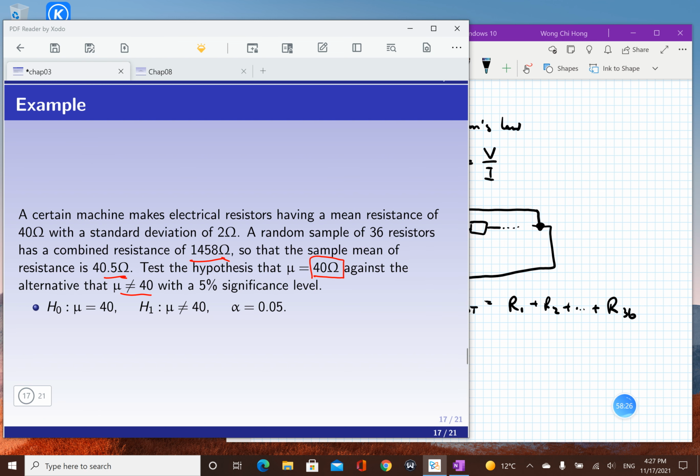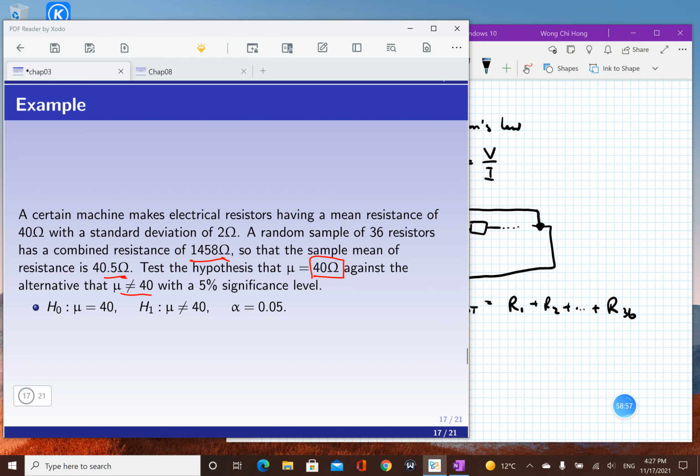I don't know. It depends on what? It depends on the sample size as well. If you've only got two resistors, I would probably say 40.5 is not too bad. But if you have got 200 resistors, 40.5 probably is a bit different from 40, because I've got 200 of them.